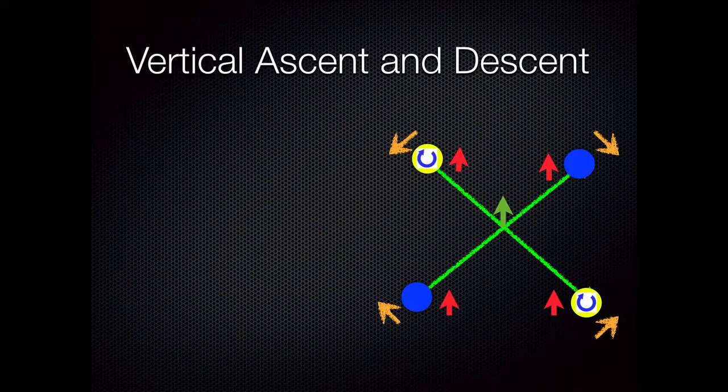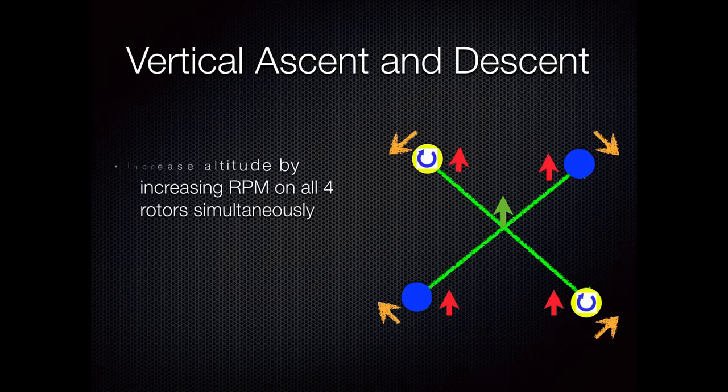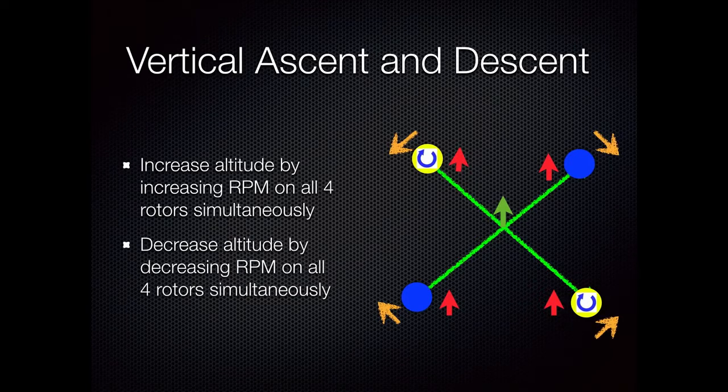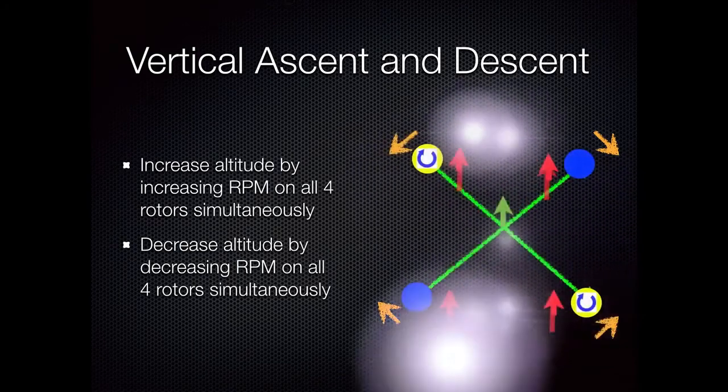Now, to climb or descend the quad rotor sounds pretty simple. You increase or decrease the RPM of the motors. To increase the altitude, increase the RPM on all four motors simultaneously. And to decrease altitude, you decrease the RPM on all four motors simultaneously.